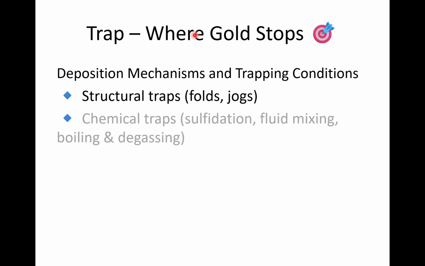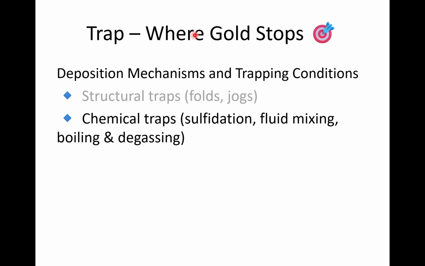So orogenic gold deposits are famously structurally controlled, with gold often occurring at fault bends, fold hinges, or intersection zones that acted as traps.